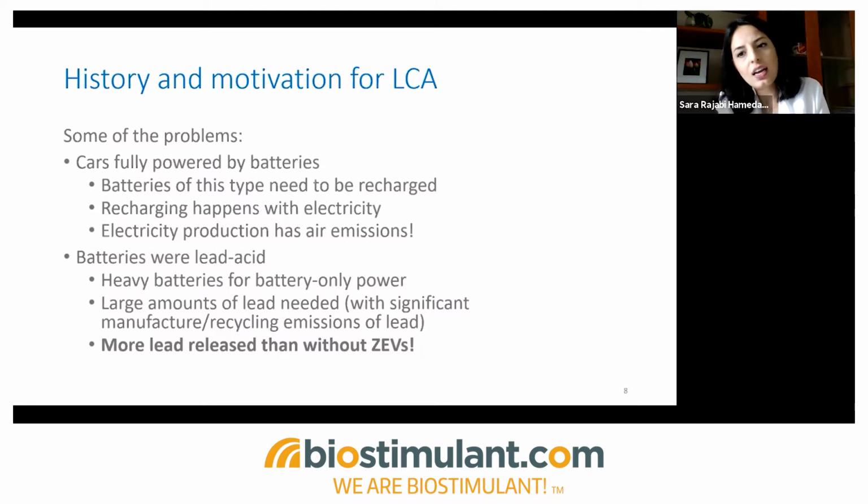In addition, lead-acid batteries were heavy, and in particular, lead production and its recycling causes a significant amount of emissions to the environment. Therefore, these vehicles damage the environment and were actually not carbon neutral.